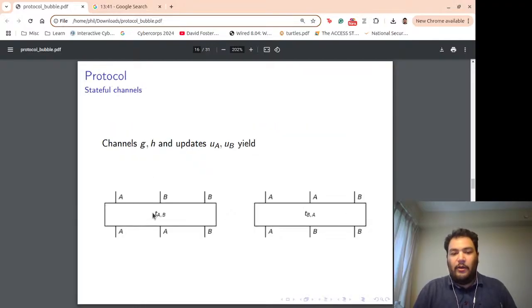So when we have a protocol with two channels from one role to the other, and each of them has their own updates, then we get this way of transforming A's into B's. You start off initially with two states of the sender: the actual state that they have, and the message that they're going to transform.